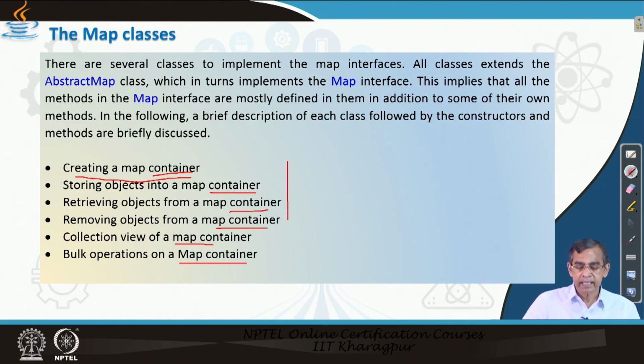So these are the activities or operations that we will be able to achieve using the different classes defined in the map framework, and these are called the map classes.